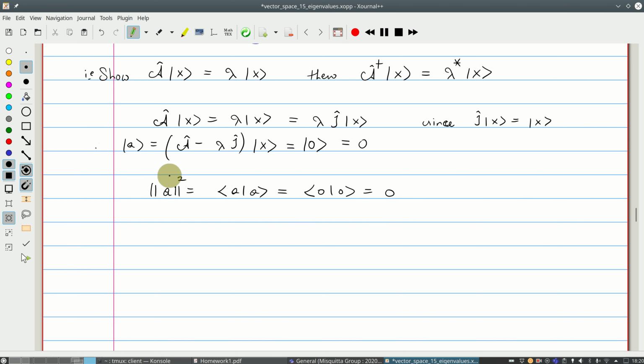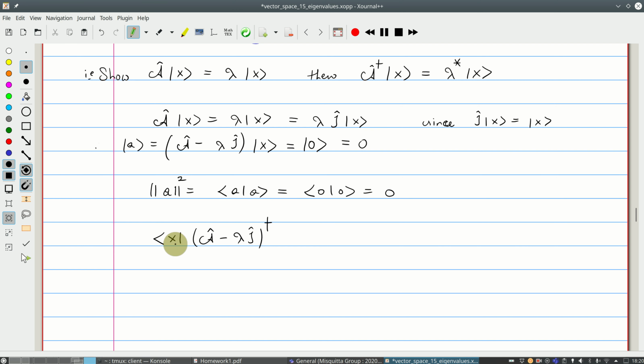To get the norm I have to take the inner product of this whole thing with its adjoint. The adjoint of this part here is x, then A hat minus lambda I hat, dagger. Remember, when you take the adjoint of something, you take the adjoint of each term, but you reverse the order.